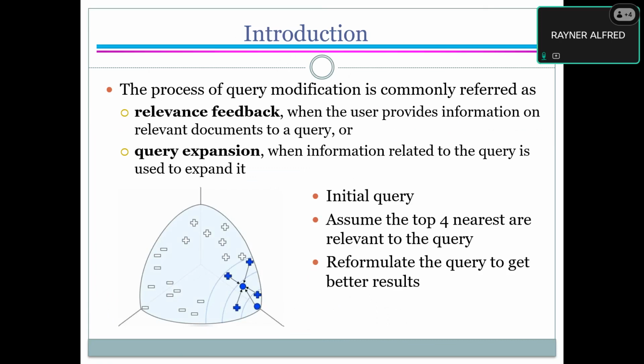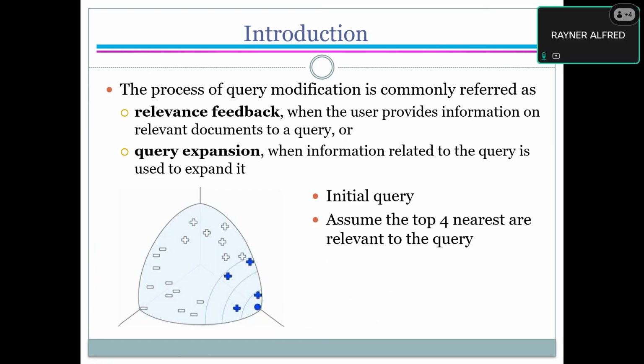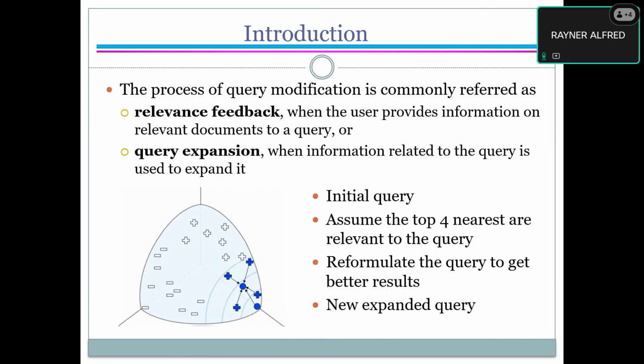Whenever we reformulate the query, we assume that the location of your initial query will be moved nearer to the positive documents, which is nearer to the relevant documents. Okay, so you can see the movement from the initial to the new expanded query.